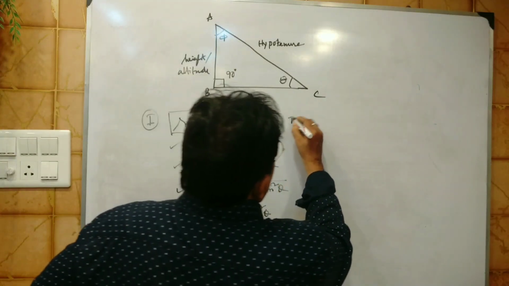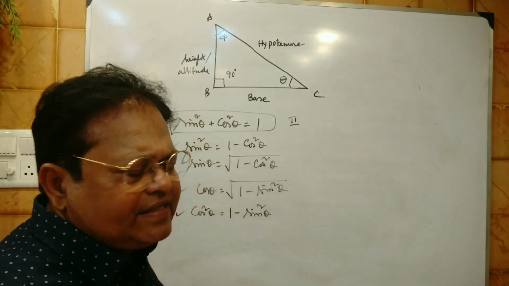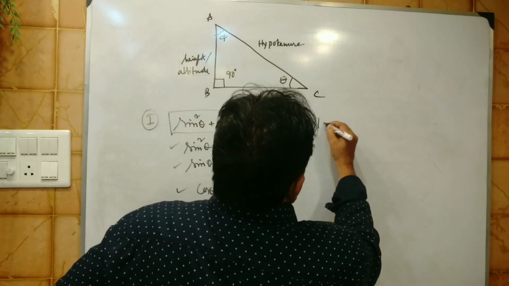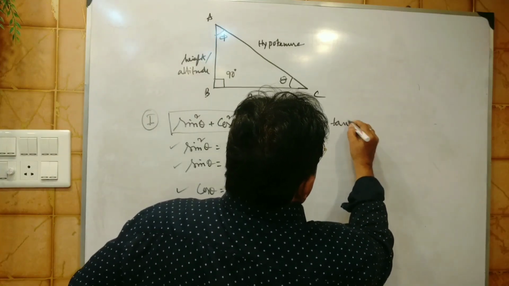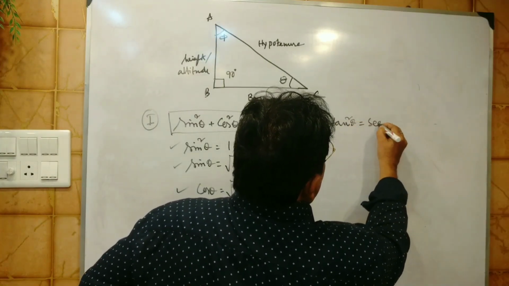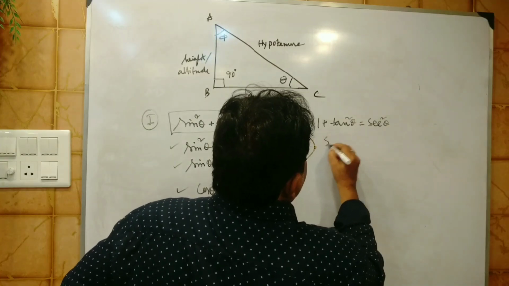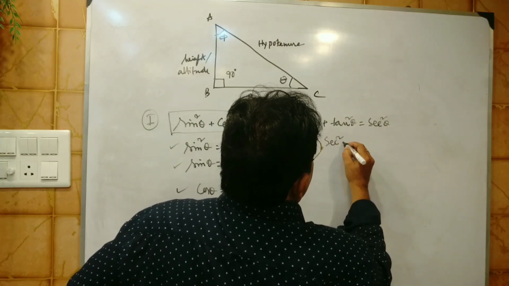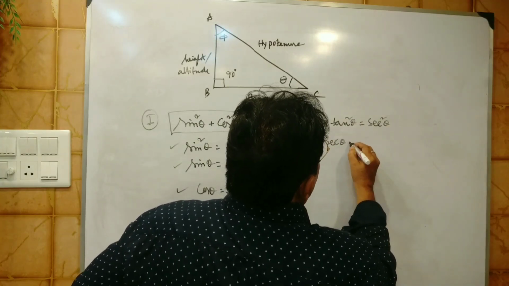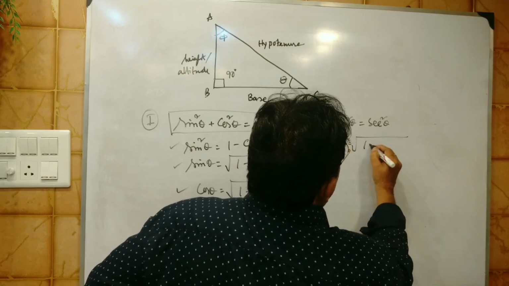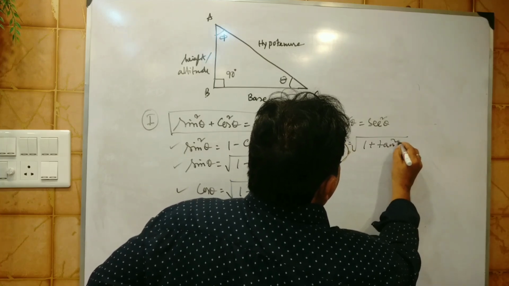Number two, another identity is 1 plus tan square theta is equal to sec square theta. So from here sec theta is root over 1 plus tan square theta.